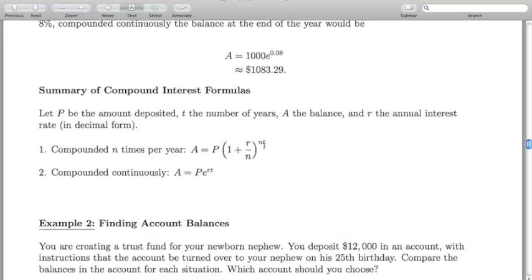Again, your T is going to be your number of years, your P is your initial deposit, your R is your annual interest rate, your n is going to be the number of times the interest is compounded per year, and your T is the number of years that this applies to. And then if it's compounded continuously, your amount is going to be your initial deposit times e to the power of your rate times the number of years.